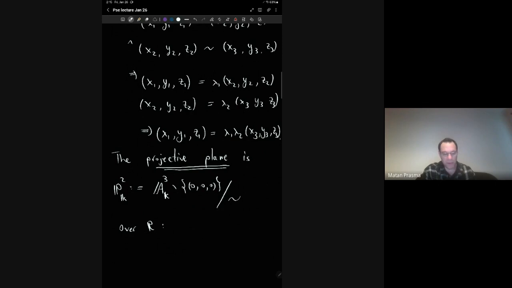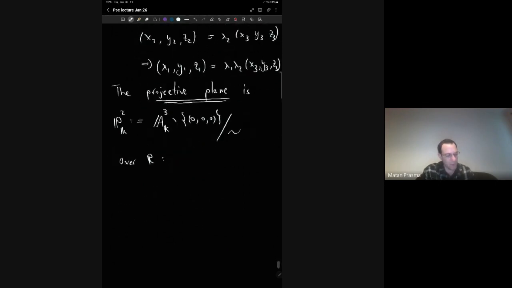We look over the real numbers. Over the real numbers, the affine space, sorry, the affine three-dimensional space is represented like so.